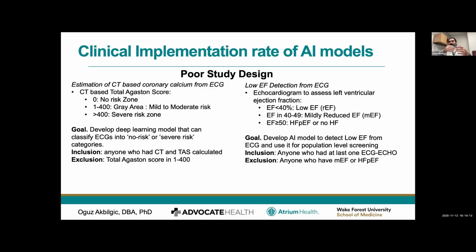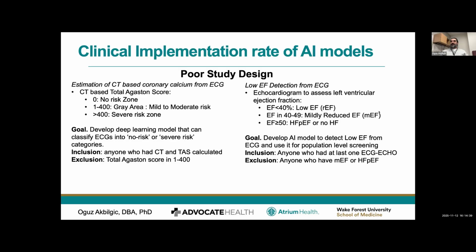So basically, we don't know whether the AI model learned the patterns of low EF or learned the patterns of not being normal. So, for example, if you feed this model with ECG of someone with HFpEF, we don't know what it's going to do. So this is the first reason it cannot be used in the real world.